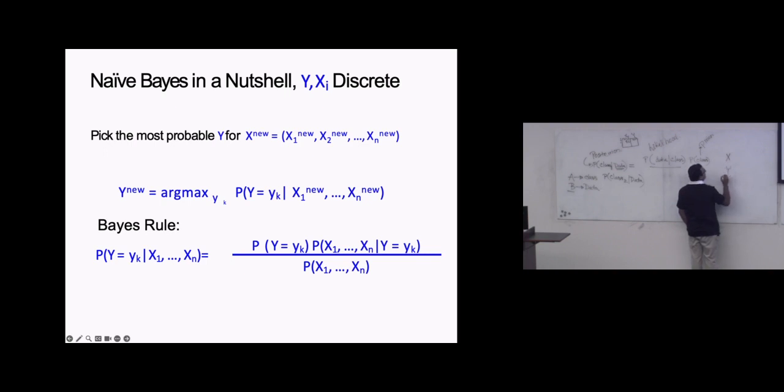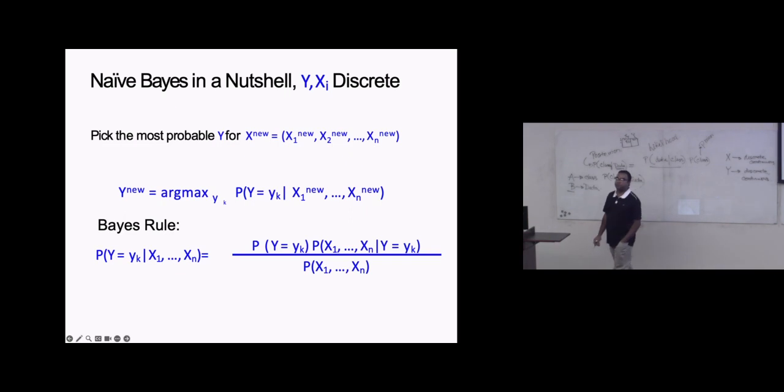X and Y. X could be discrete or continuous, and Y could also be discrete or continuous, right? For a classification task, can Y be continuous?